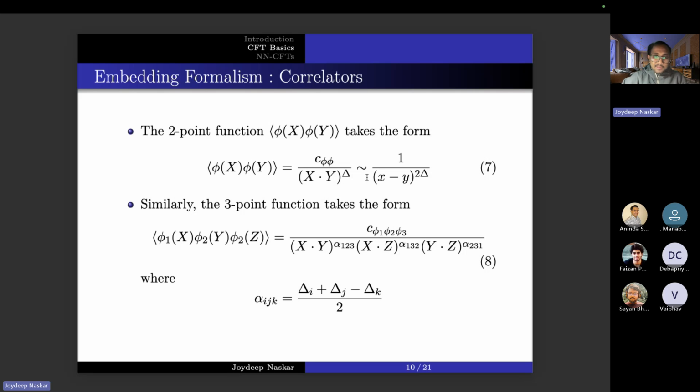Similarly, if you have a 3-point function, its form is also kinematically constrained up to a coefficient which is called the OPE coefficient, and you get some form like this where the alpha ijk's are defined as such. In the usual CFT story, this C is always set to 1.